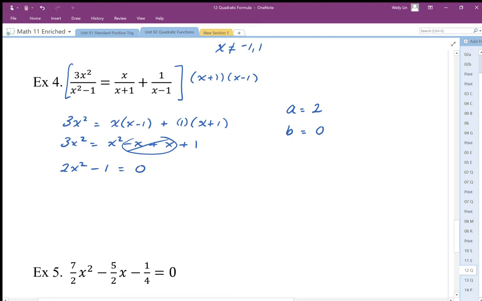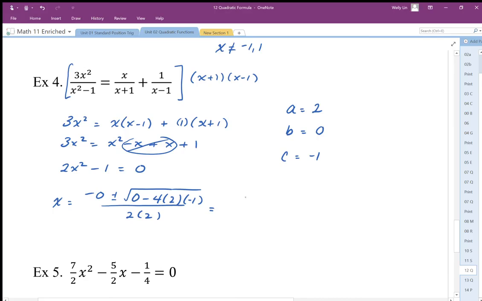Okay, so we do have symmetrical roots. And c value is going to be negative 1. Okay, plugging this in, we end up with negative 0 plus minus the square root of 0 minus 4 times a times c, all over 2 times a.